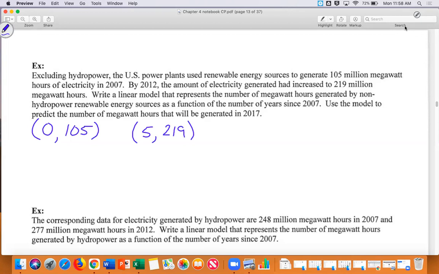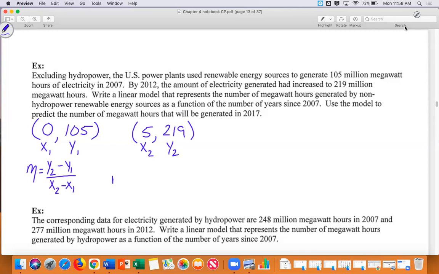So if I need to come up with the equation of a line, first thing I'm going to do is always what, Louis? Label. Then what, Louis? Write your equation. So I'm going to write m equals y2 minus y1 over x2 minus x1.